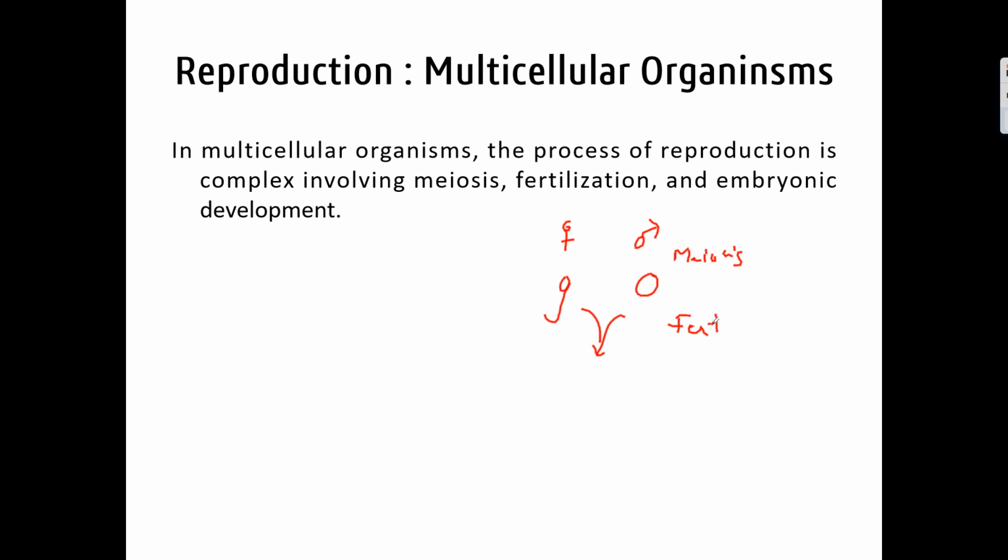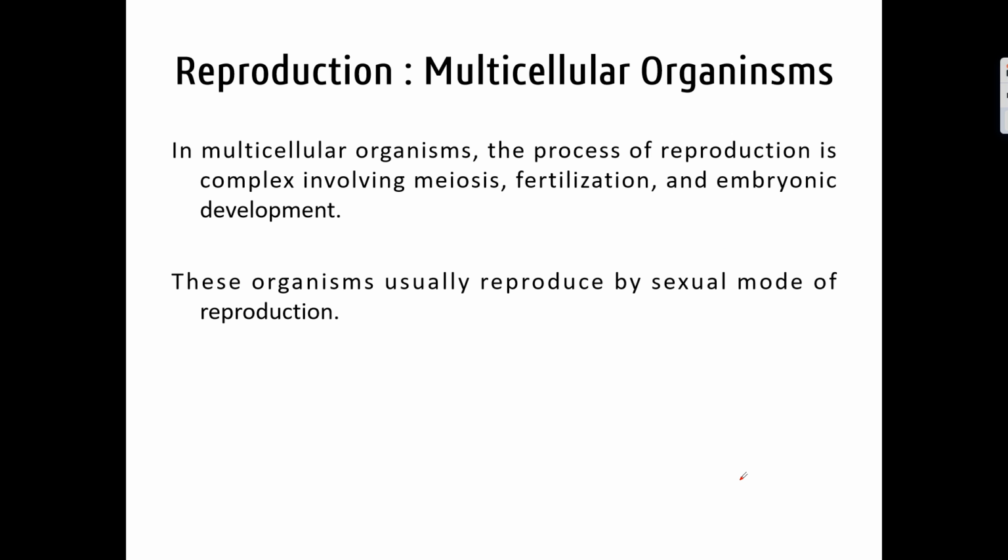When these fuse, this is called fertilization, then the zygote will be formed. The zygote will undergo embryonic development inside the mother's womb. For humans, the embryonic development time is 9 months. All these aspects we observe only in multicellular organisms.